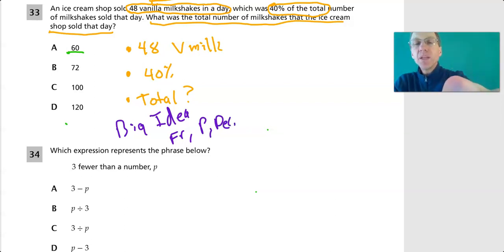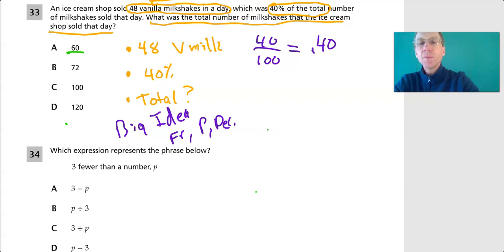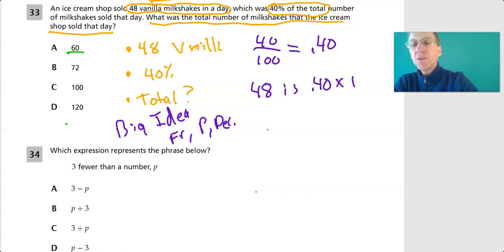So 40%, 40 hundredths, decimal form. 40 over 100 is just this, right? That's 40 hundredths. So it's telling us that 48 is 40% of the total. 40 hundredths times the total.